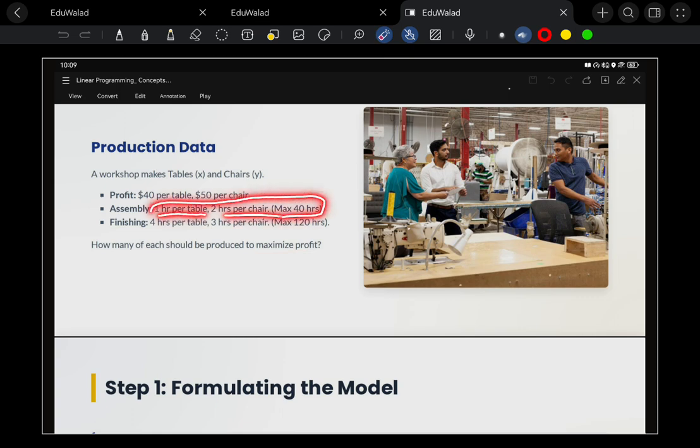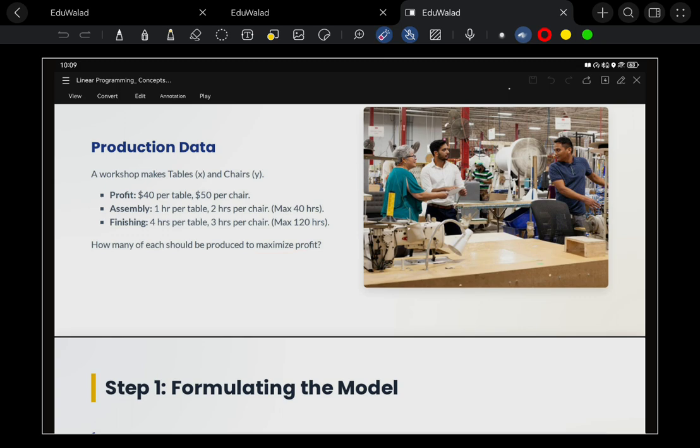To make these tables and chairs, we are restricted to give 1 hour per table and 2 hours per chair, and the maximum we can give is 40 hours.